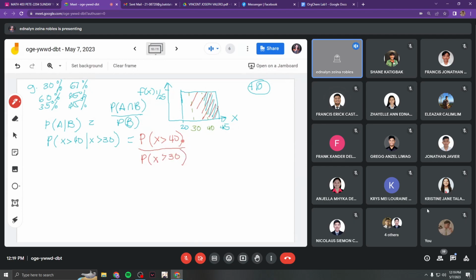So let us now find the probability that x is greater than 40 and the probability that x is greater than 30. So for the probability that x is greater than 40, our base is from 40 to 45. So we have 5 times our height of 1 over 25, all over x greater than 30.